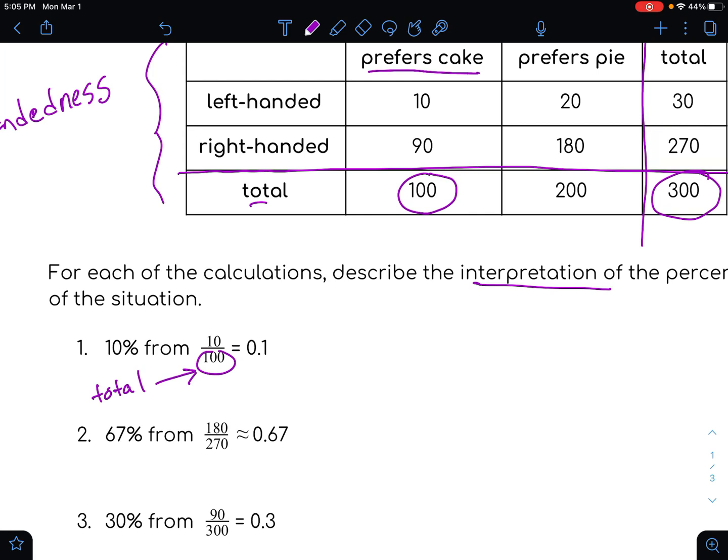The 10, then up here, 10 refers to the left-handed people that prefer cake. So the bottom is the total that prefer cake, so total cake. And then the top part is the left-handed people that prefer cake.